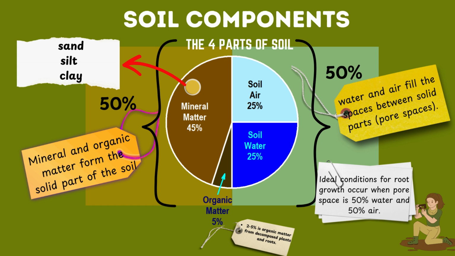The other 50% consists of pore spaces filled with air and water. Ideally, 25% of soil is water and 25% is air, which creates the perfect balance for root growth and nutrient absorption. These components work together to provide the necessary conditions for plants and other organisms to thrive in the soil.